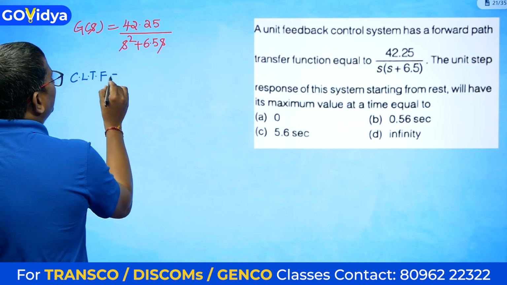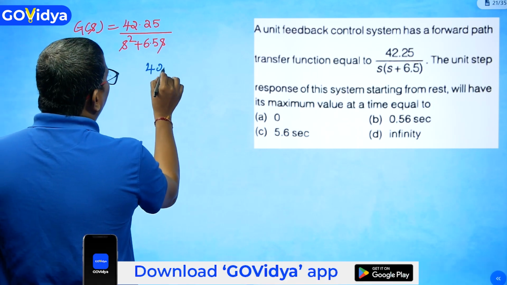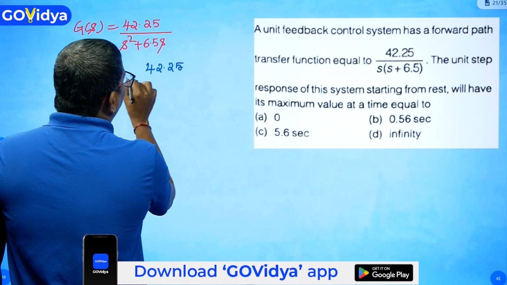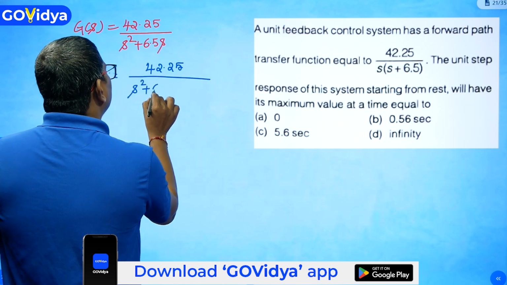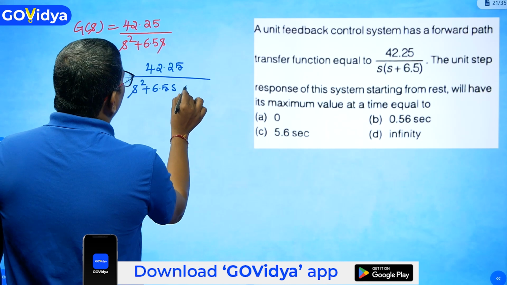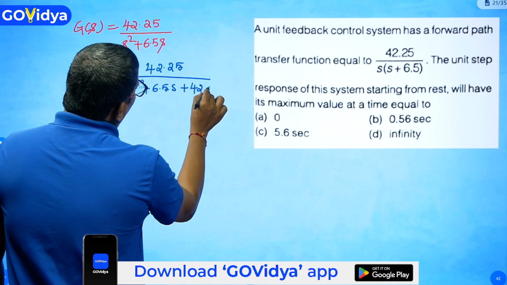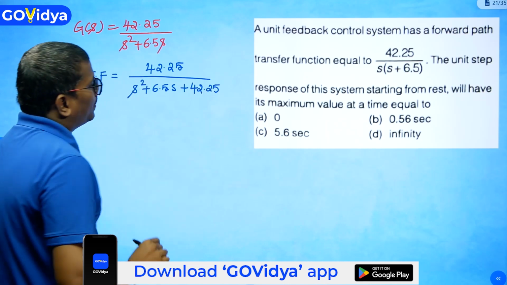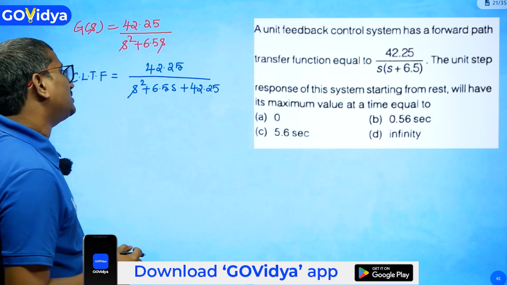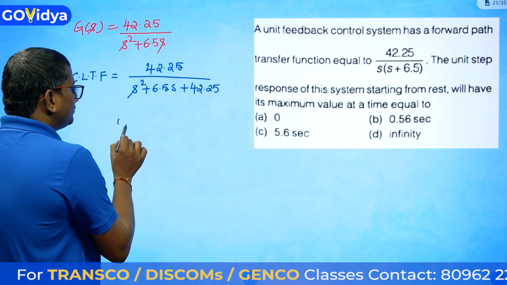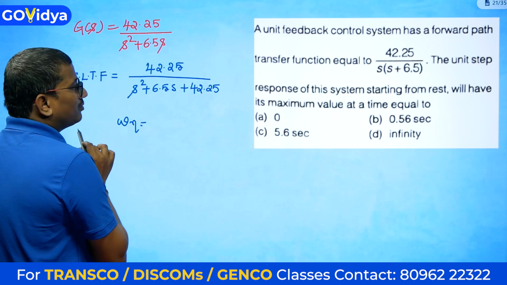Its closed loop transfer function is 42.25 divided by S square plus 6.5s plus 42.25. Okay, 42.25. So from this, can I calculate omega n? What is omega n?